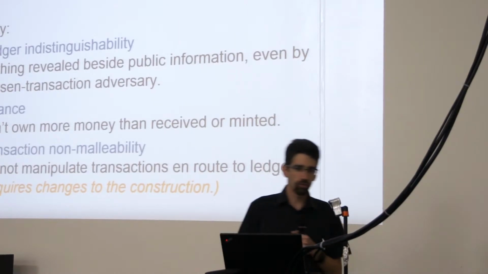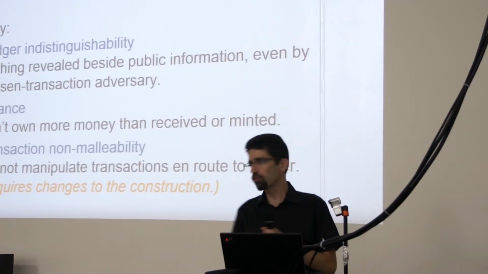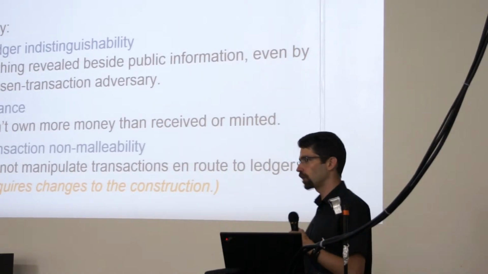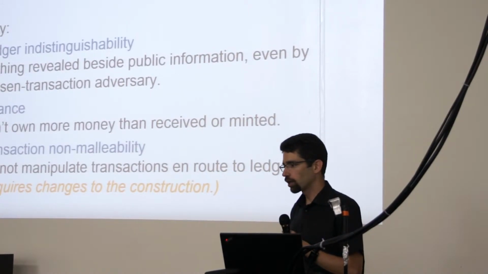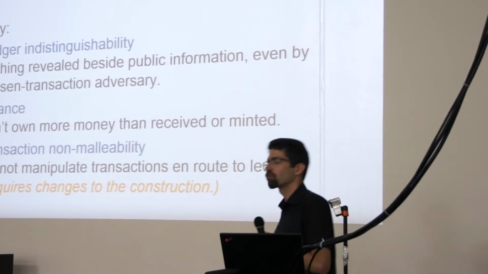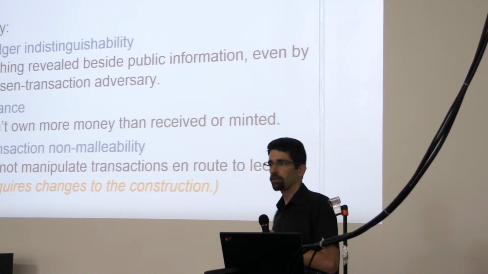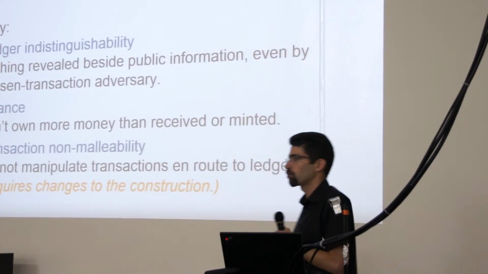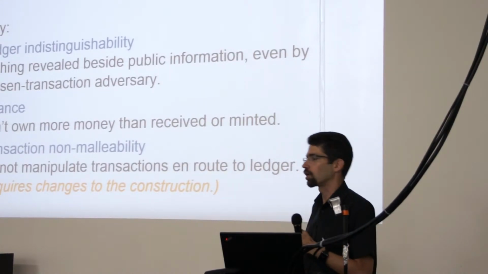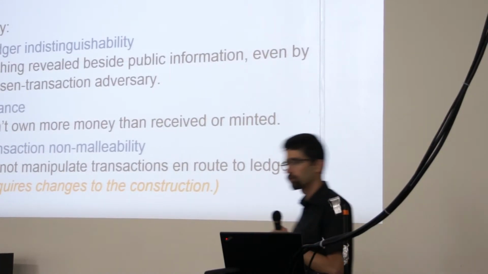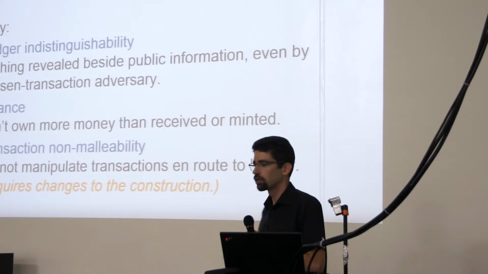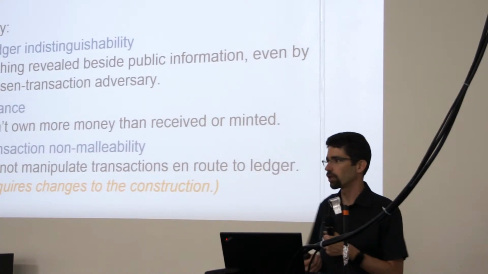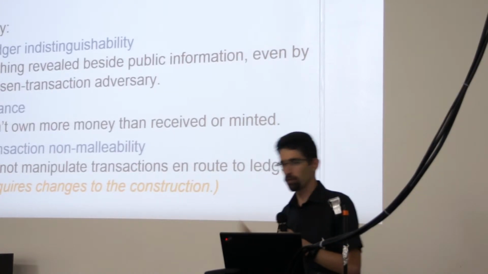And this strong privacy property holds even against an adversary that can choose which transactions are to be done. They can manipulate parties into making any transactions that he wants. They can do transactions by himself, and yet he reveals nothing besides what is inevitable, just from the interface with the underlying currency, the public one.